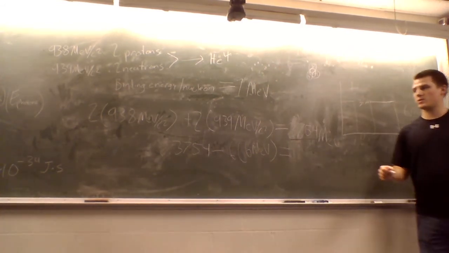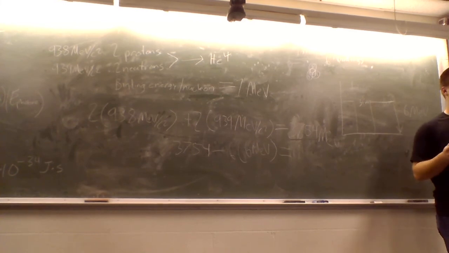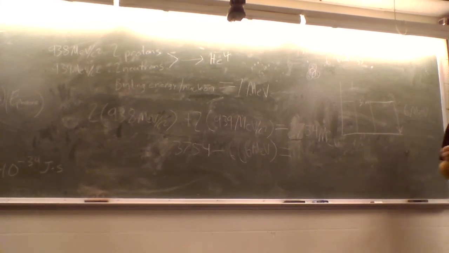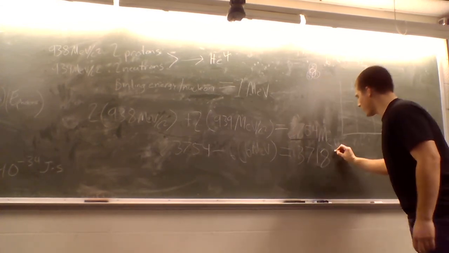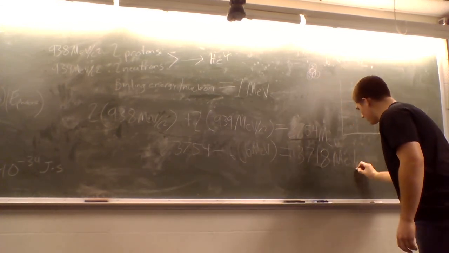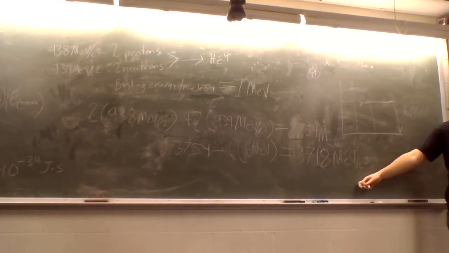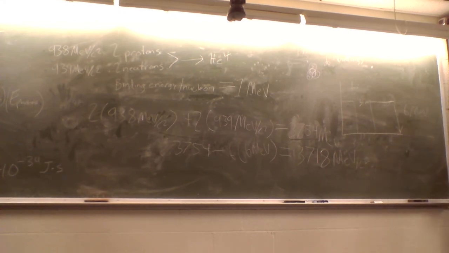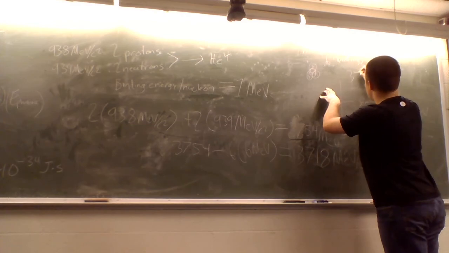So it's 3754 minus 36, which is 3718. This is the amount of energy that you will have in this helium atom after it's bound together. Now we can use E equals mc squared, with 3718.